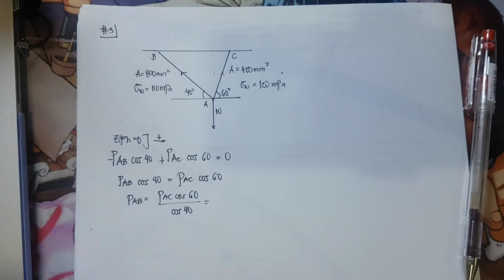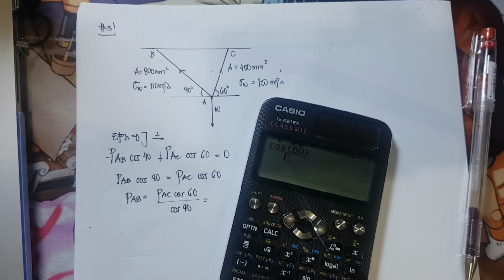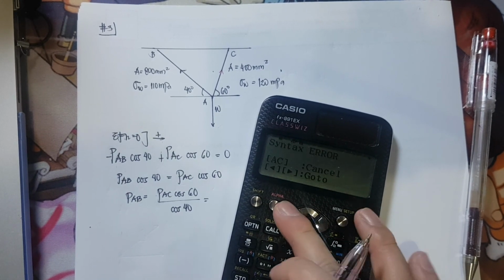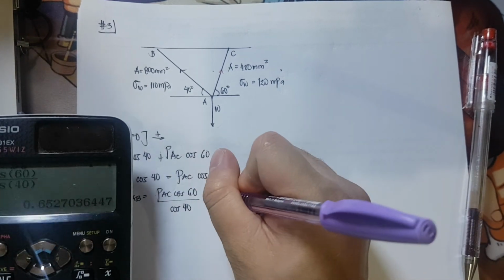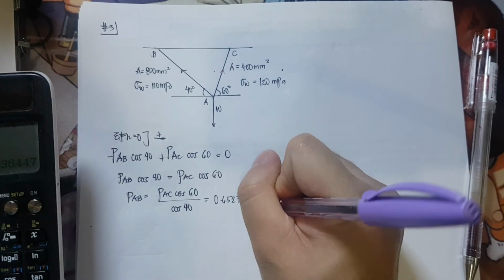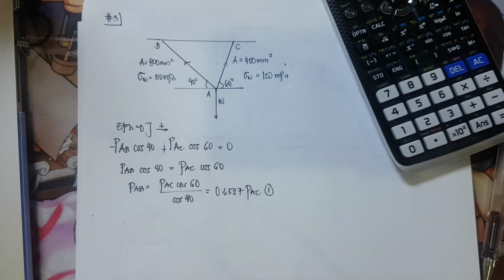Therefore, PAB is equivalent to 0.6527 PAC. And this would be my equation number 1.